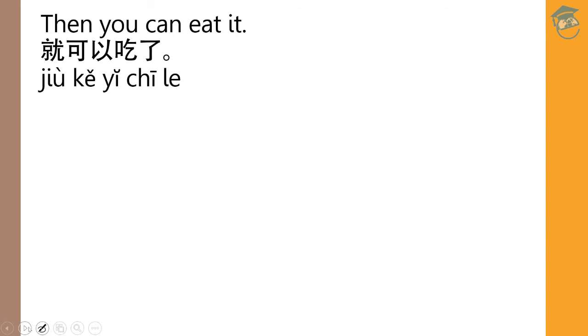Okay, and then the next few words should be really straightforward. 可以 is to say can, and then 吃 is eat, and then 了 is just to say already. So in other words, you are saying now you can eat it already. Alright, and let's see what Susan responds.